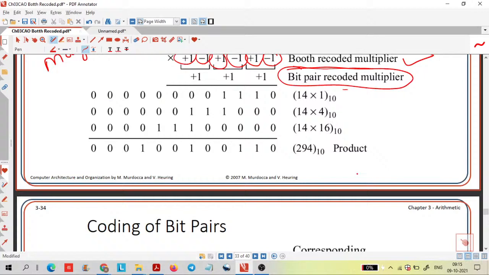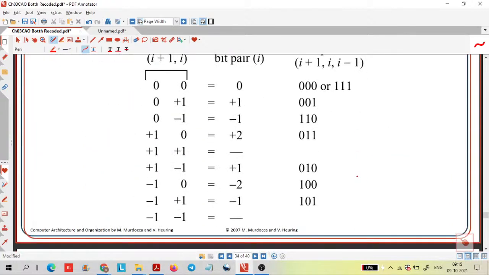So how does this bit pair recoding work? It is based upon this table. As we discussed yesterday, for 0, 0 you have to pair, and for this particular pair we replace it with this value. If 0, +1 comes, then +1; if 0, -1 comes, then -1.